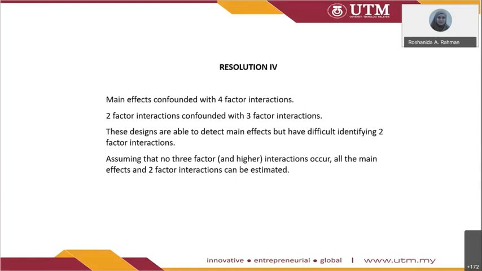How about the other effects, the 2-factor, 3-factor, and 4-factor interactions? By using resolution 4 design, you can have this information. So you only need to evaluate the main effects and also 2-factor interactions without checking the effect of 4-factor and 3-factor interactions.